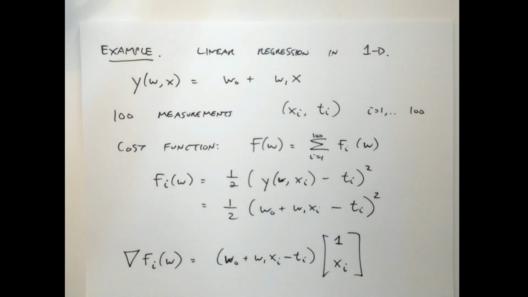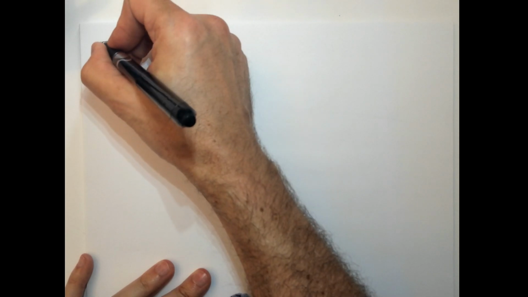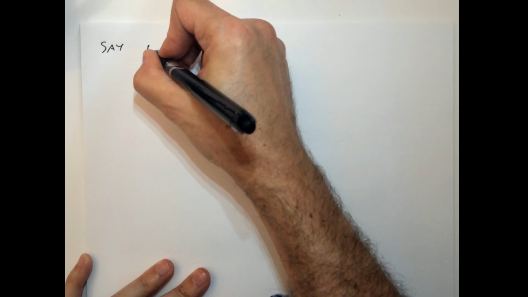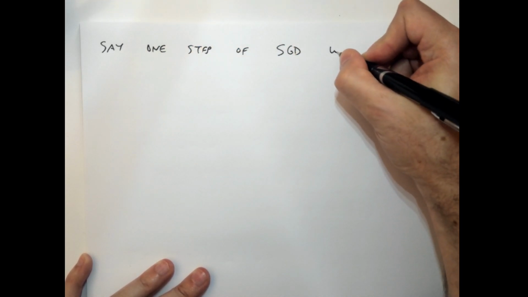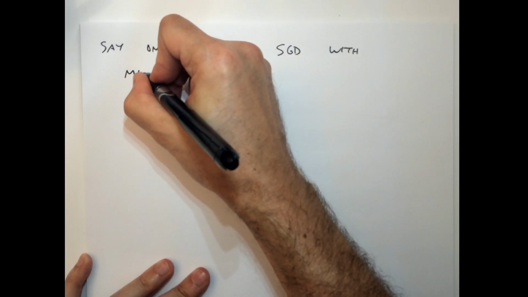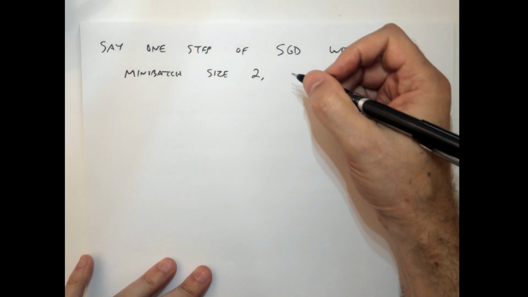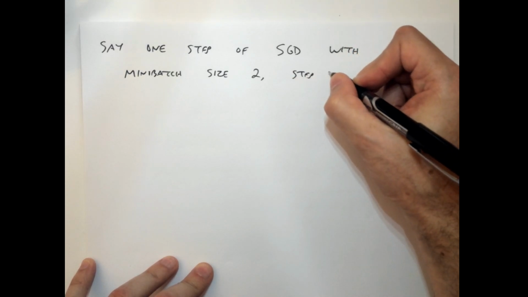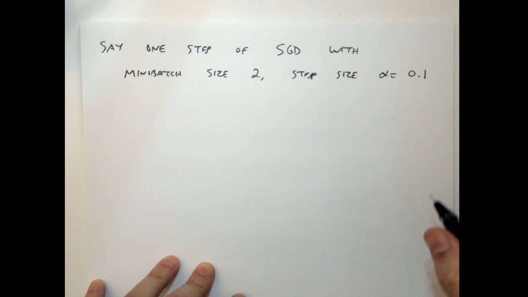And so now suppose I want to do mini batching with a batch size of 2. Okay? So let's do one step of stochastic gradient descent with mini batch size 2 and step size alpha equals 0.1.